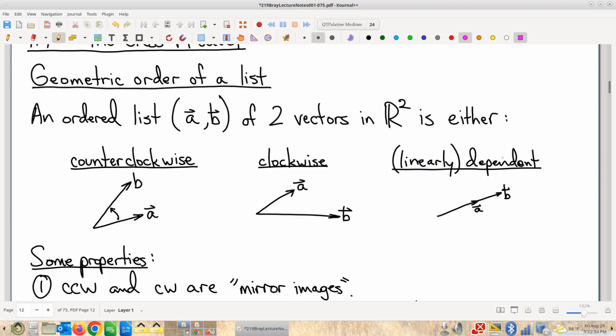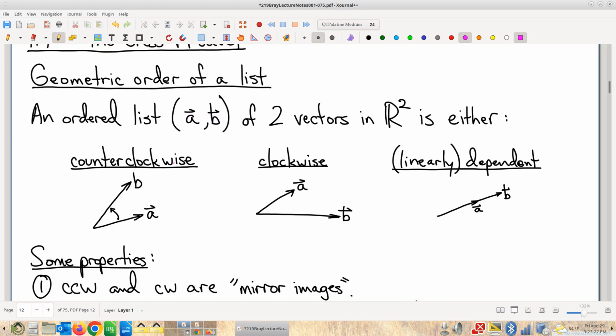Now, it's arguably an arbitrary choice, right? There are other ways, I suppose, that one could make a geometric choice about how to order things, right? You could say increasing or decreasing, depending on whether the magnitude of B is bigger than the magnitude of A, right? You might call that an increasing list, and that's also kind of vaguely geometric.